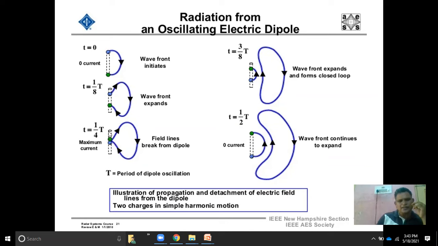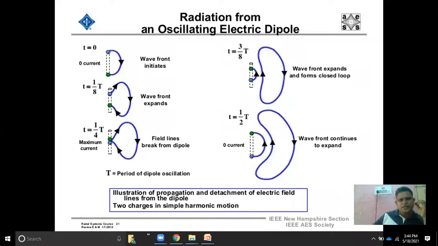While these two charges cross, there will be a crossing of the electromagnetic field lines. Because of this crossing, these field lines will be disconnected, or separated, from the antenna, and they will move apart. Let us see here, when time t is equal to 3 by 8 times of the time period.